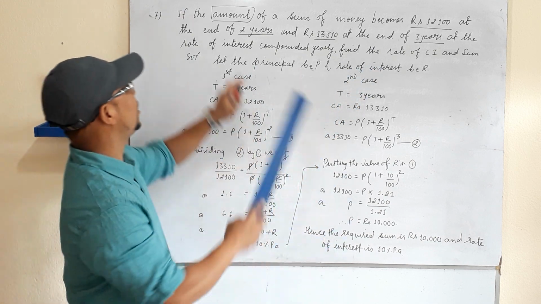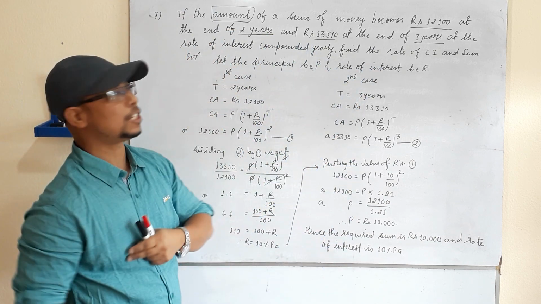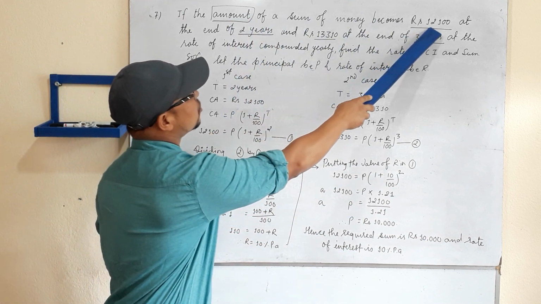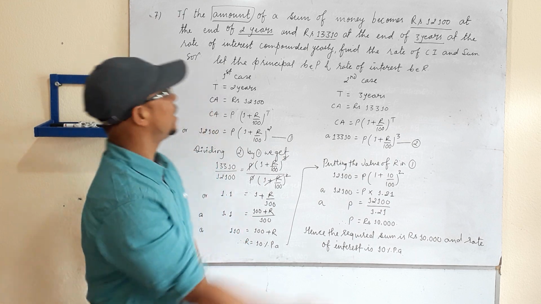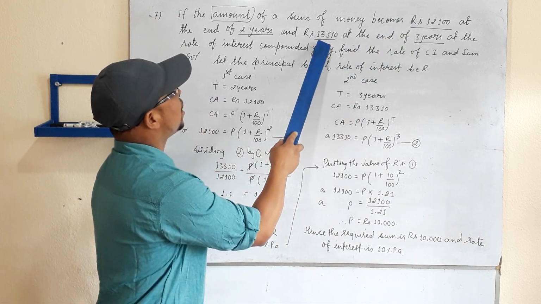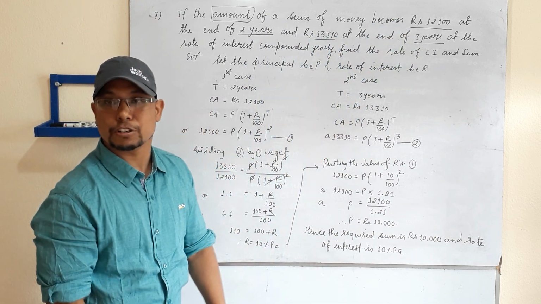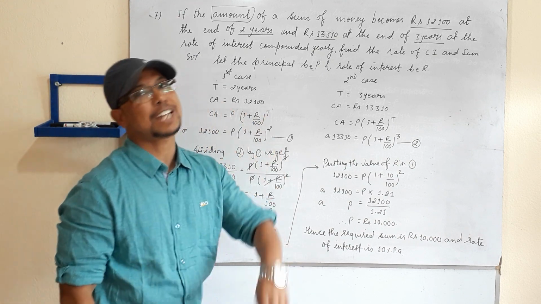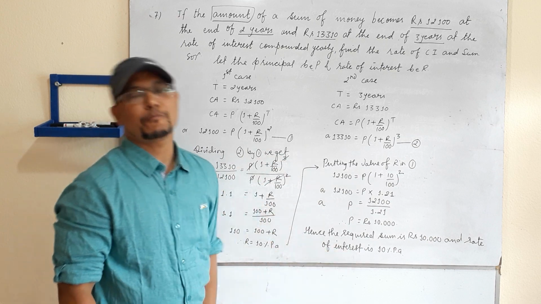Now look here. What is given? There are two cases: in 2 years the amount is 12,100 rupees, and in 3 years the amount is 13,310 rupees. Two amounts and two times are given, so we find it separately.